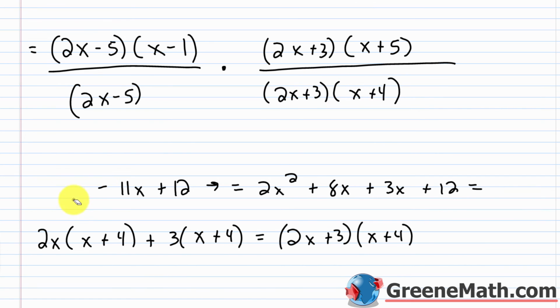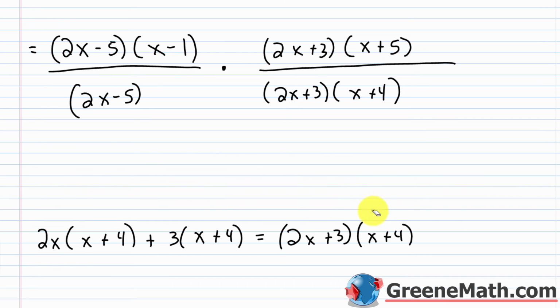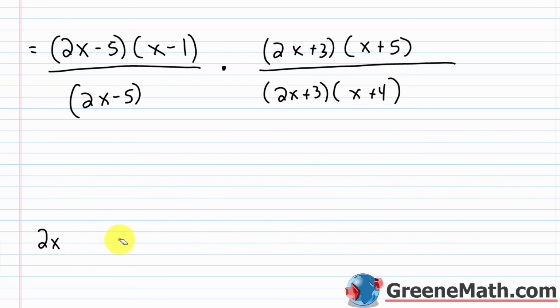So now that we've factored everything, I know that's the tedious, boring part, but once you've gotten through that, the rest of it's pretty simple. I'm just going to look for common factors and cancel. Remember, everything is being multiplied. So these are common factors. I can cancel 2x minus 5 with 2x minus 5 up here.